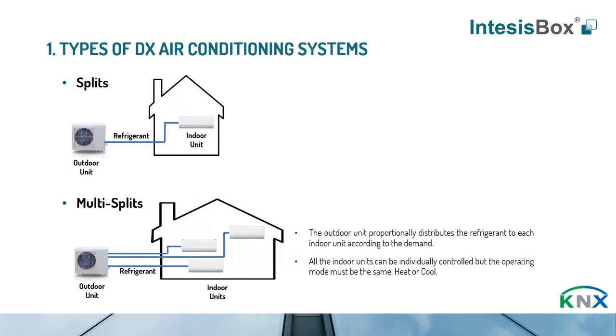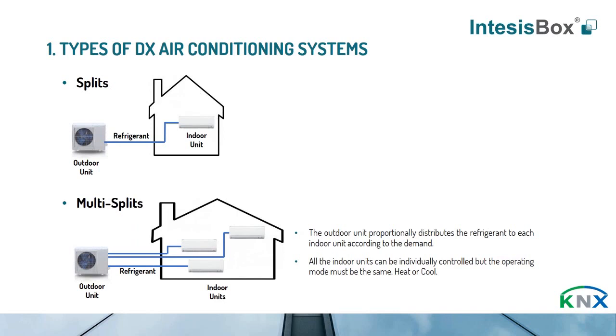So to start, we have the split systems, where you can find the outdoor unit and the indoor unit. In this case, we also have the possibility to install more than one split in a space in order to create different areas and to have different temperatures.